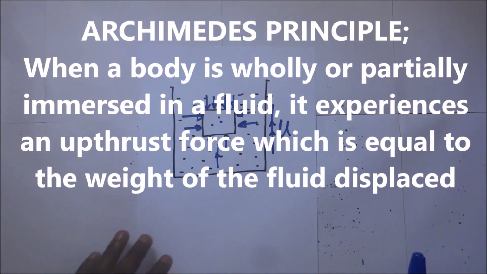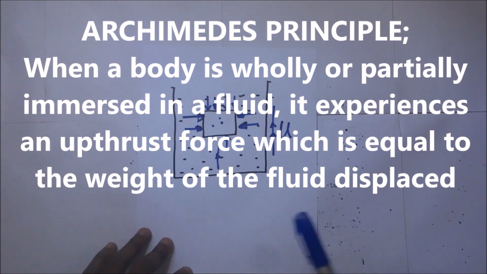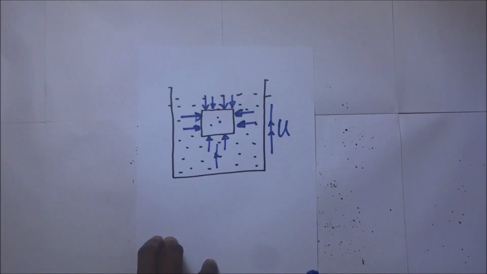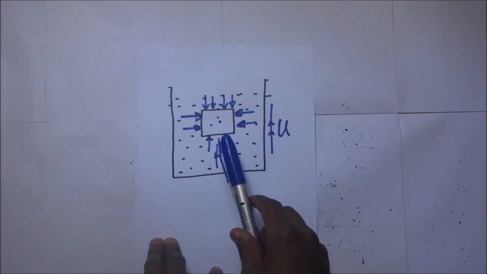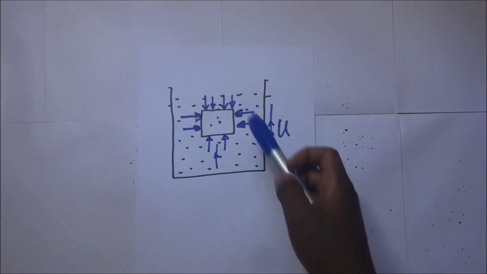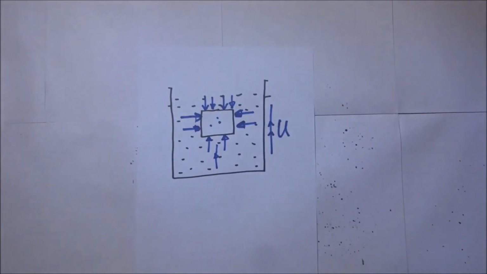It's as simple as that. This upthrust force, which is also known as buoyancy, is simply the tendency of the liquid to exert an upward force on a body that is immersed inside it.